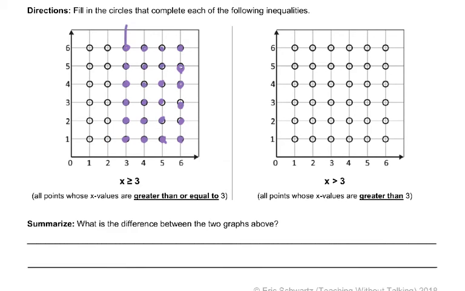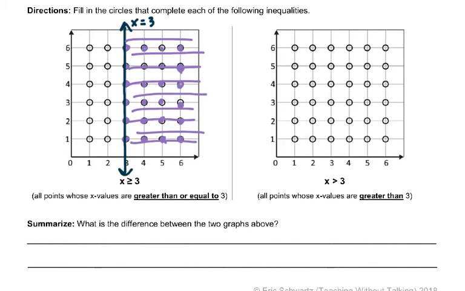It seems like our cutoff boundary is this vertical line, which again makes sense because that's how we're used to graphing x equals 3, right? It's just that now we have shading that everything on the right side of that would also have that quality. And that's what's making it greater than or equal to 3 versus regular equal to 3.